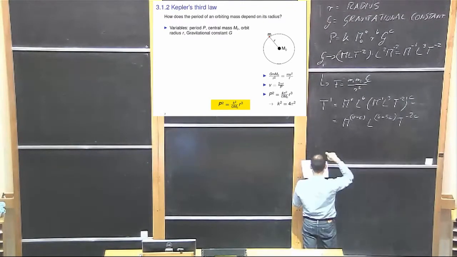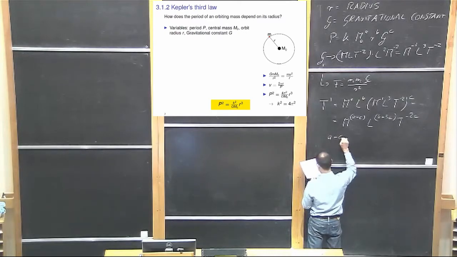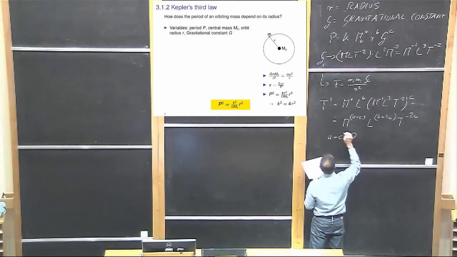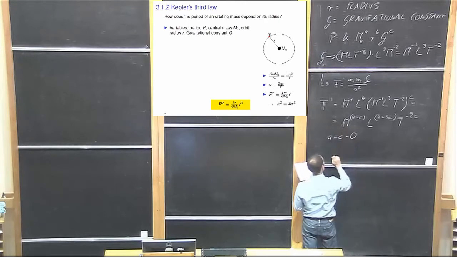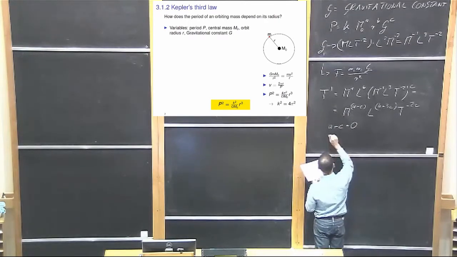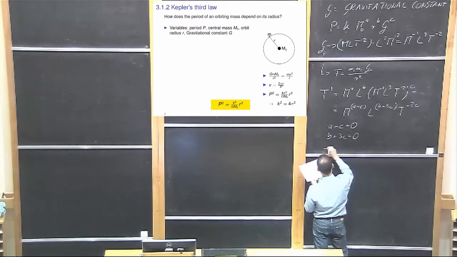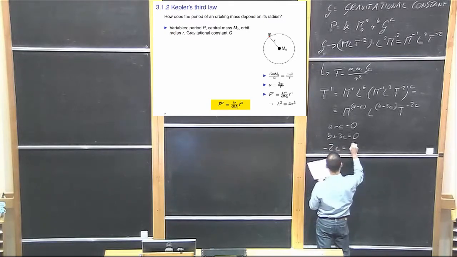What has to come out? We need A minus C to be 0, because the period again doesn't have any dimensions of mass. And we have B plus 3C equals 0, and minus 2C equals 1.